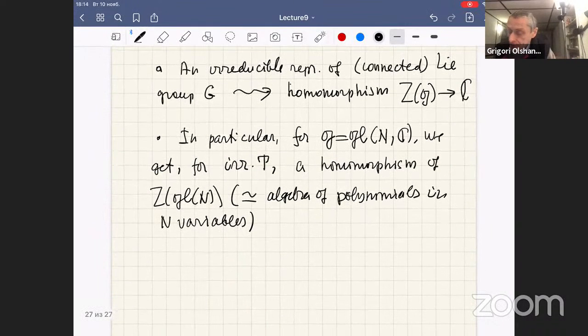We get a homomorphism of this algebra to C.